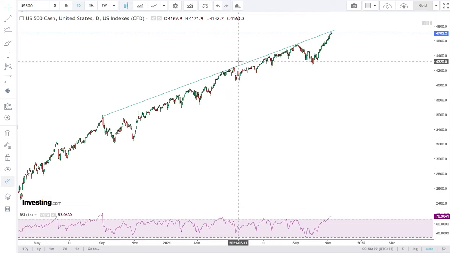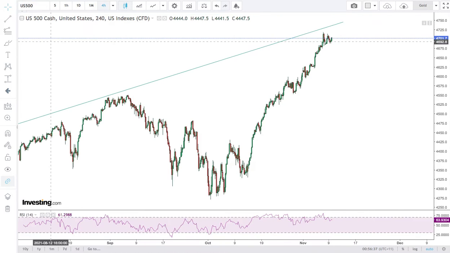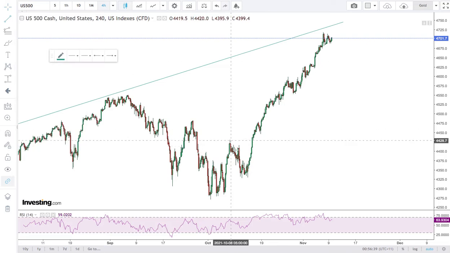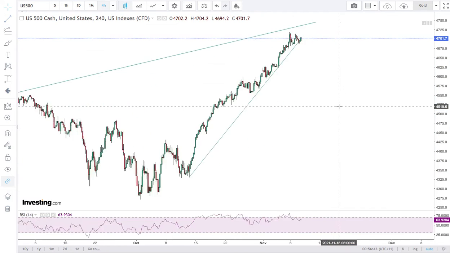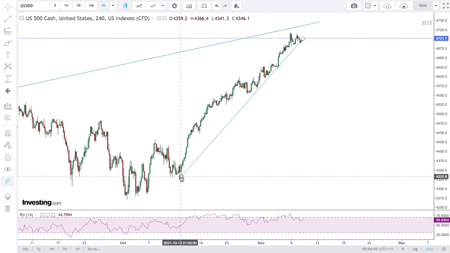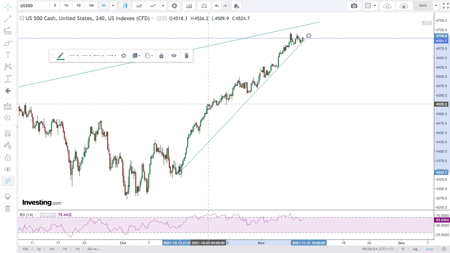So next, look at those RSIs on a daily and a weekly basis. Now if I drill down to a 4-hourly, I'll look at my little trend here. It looks like it hasn't yet, but it could well be about to bust that trend.